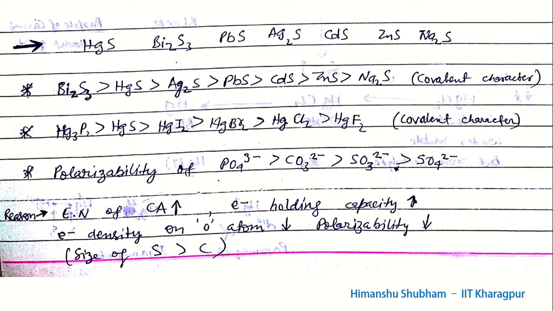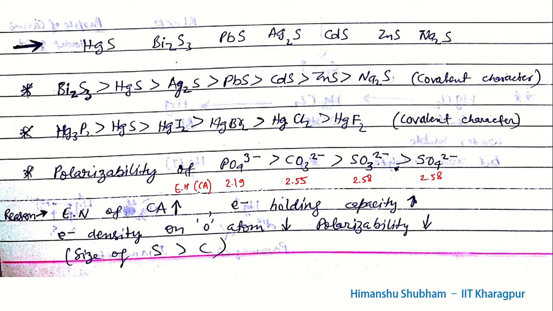This is the reasoning given here, and I can tell you the electronegativity value of the central atom. For phosphorus it is 2.19, for carbon it is 2.55, for sulfur it is 2.58, and for sulfur again we have 2.58.